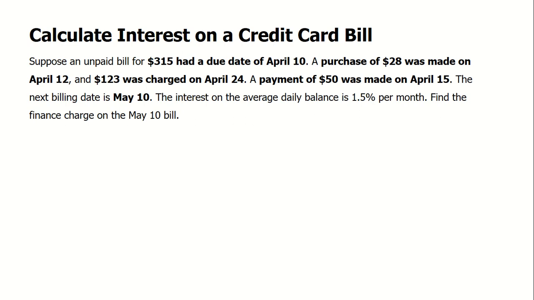Let's say you have an unpaid bill of 315 that had a due date of April 10. That means you were not able to pay the bill and the due date has passed. But still, you made a purchase of $28 on April 12 and another purchase of $123 on April 24. You paid a certain amount, $50, on April 15.